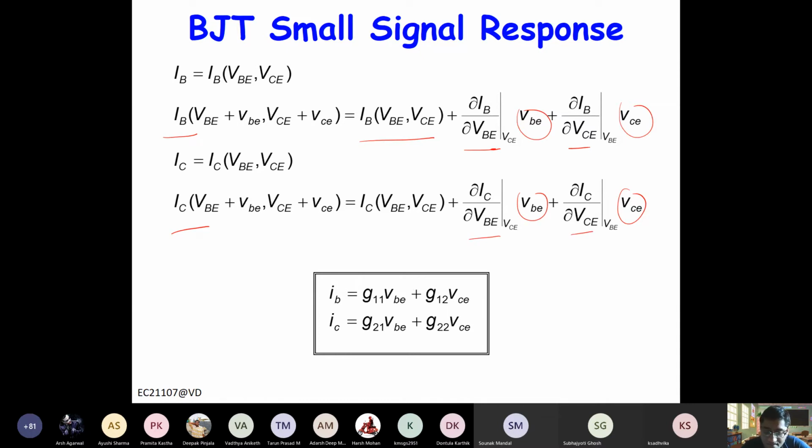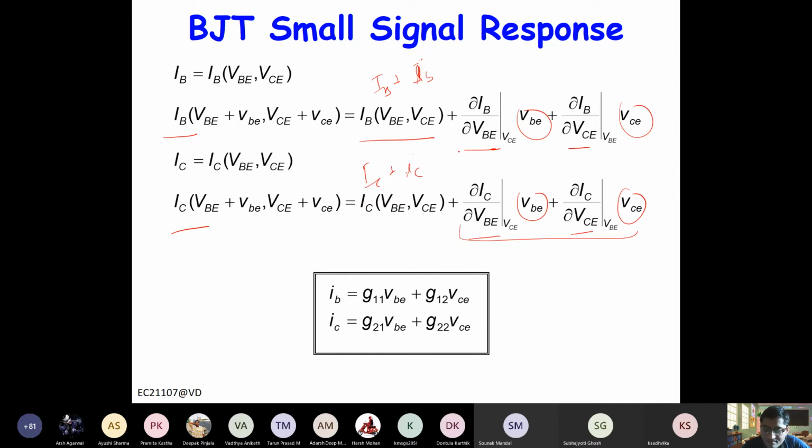And then you can write your IB total is basically IB DC plus IB AC, right? And this is IC DC plus IC AC.